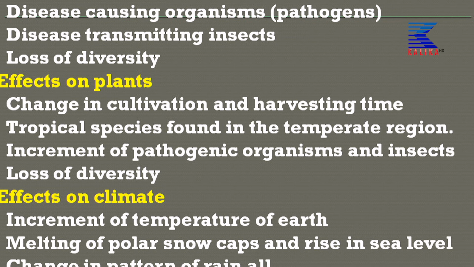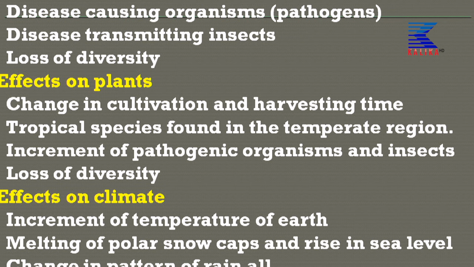Adverse impacts of greenhouse effect. So adverse impact means the disadvantages, effects on animals. So what are the impacts caused by the greenhouse effect on animals? Greenhouse effect causes diseases in organisms, because in higher temperature, the disease causing organisms, we say pathogens, for example, bacteria and viruses, get activated.